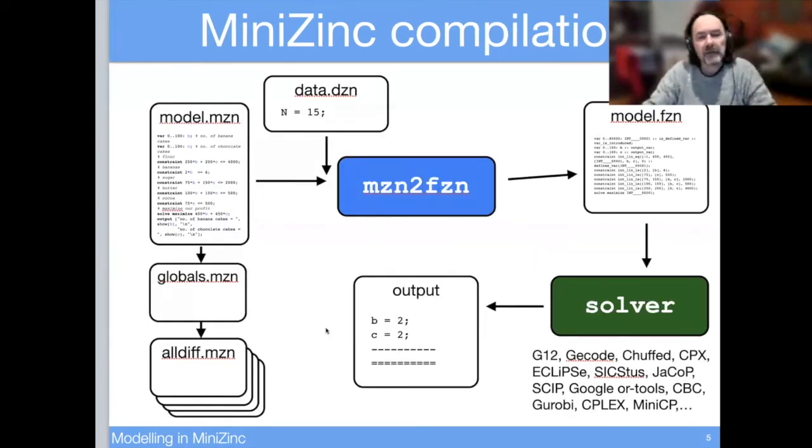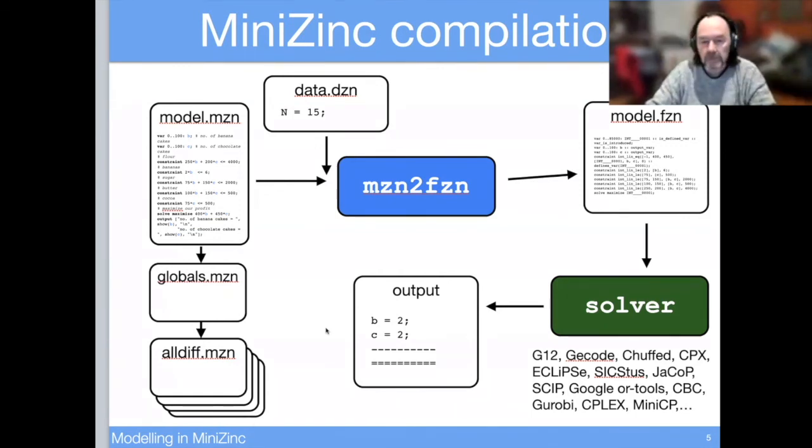Essentially, MiniZinc is really a kind of tool chain, although if you use it within the IDE, which I'll show you, then you won't really see this in action. You take a model, that's the MZN file, and some data, and the model might make use of globals, and all of that is sucked in by the MiniZinc compiler, and it spits out a FlatZinc model, which is a model for that data for the solver that you want to use.